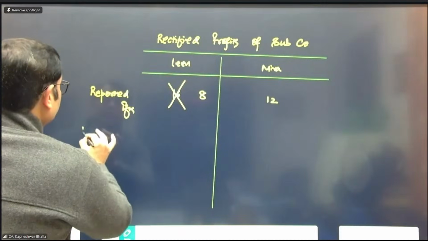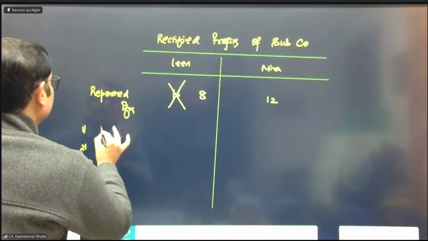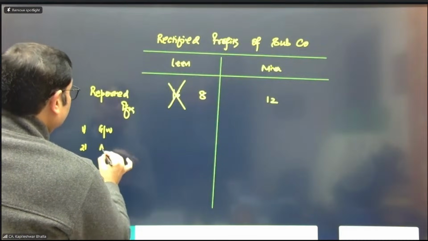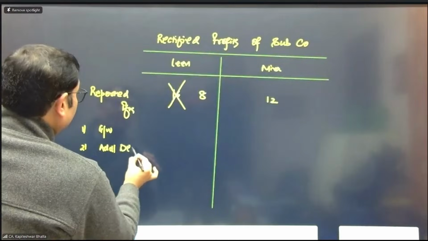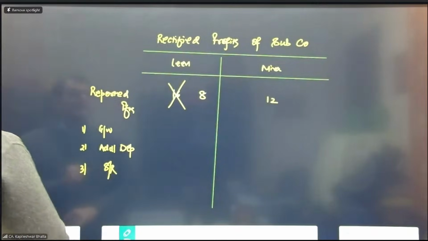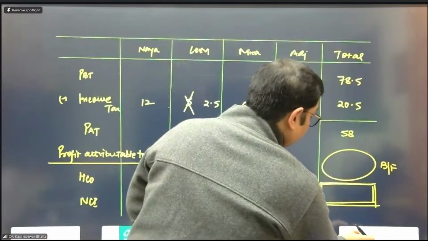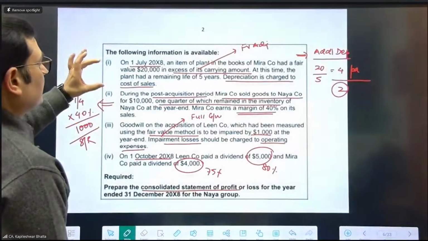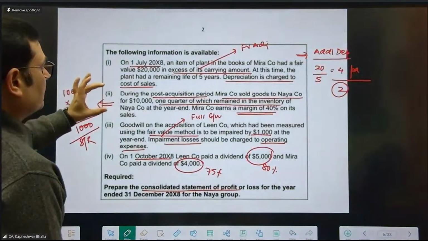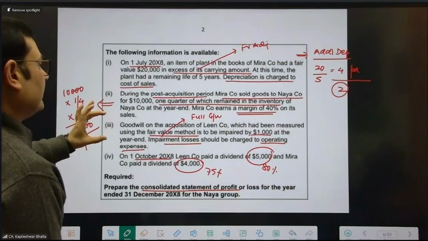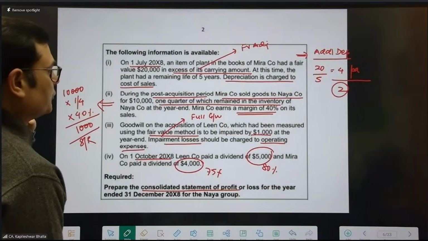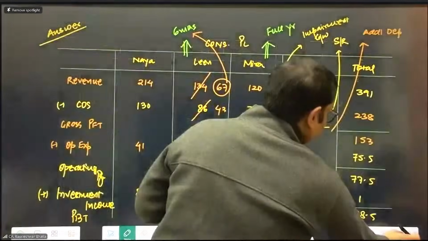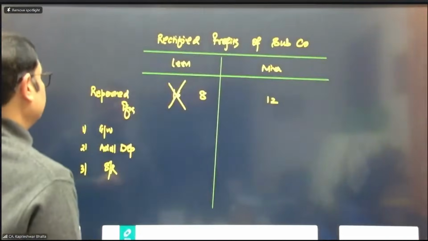Now we need the rectifications on account of 3 adjustments. One is the goodwill impairment, one is the additional depreciation, and one is the stock reserve. So let's consider these 3 adjustments back again. Let's go to the additional information. We're given that Mira had additional depreciation and Mira sold goods to Navya, and the goodwill is in Lean's column.